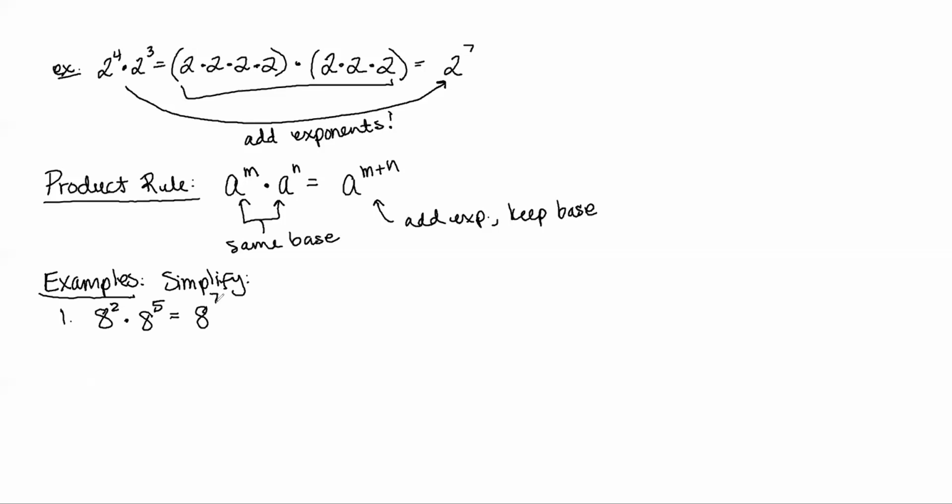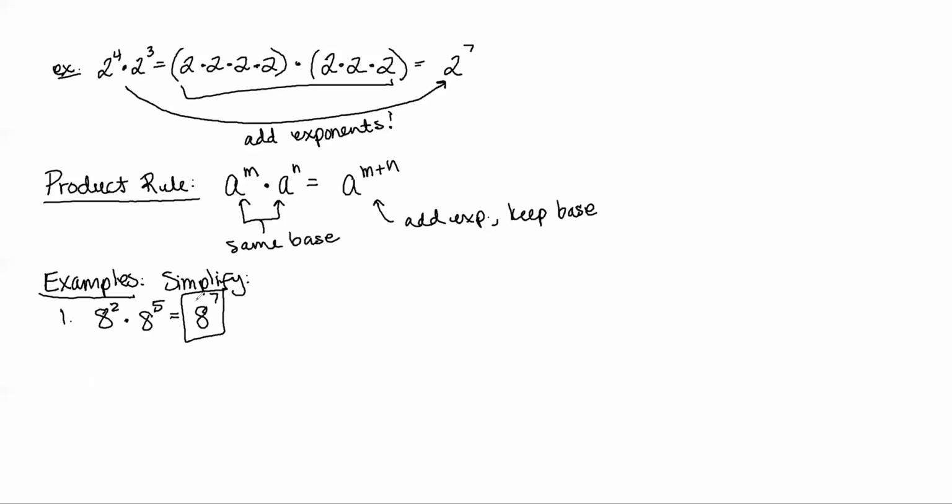If you forget your rules, it's really helpful to go back to what we did up here, and it'll help you figure out, do I have to add the exponents? Do I multiply them? Because we're going to see some other rules where you're going to multiply your exponents and subtract them. So you're going to want to know how to break it down like this in case you forget the rules. But we're going to leave it just like this.